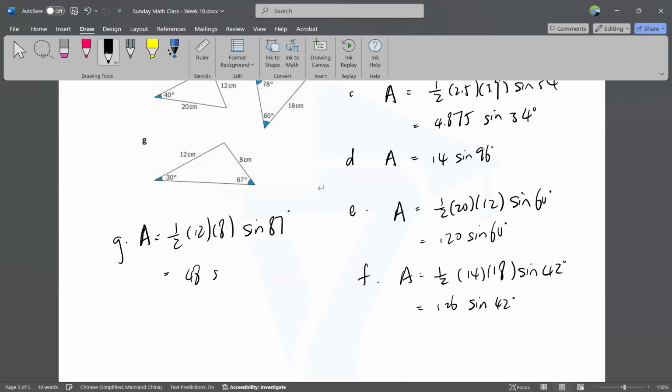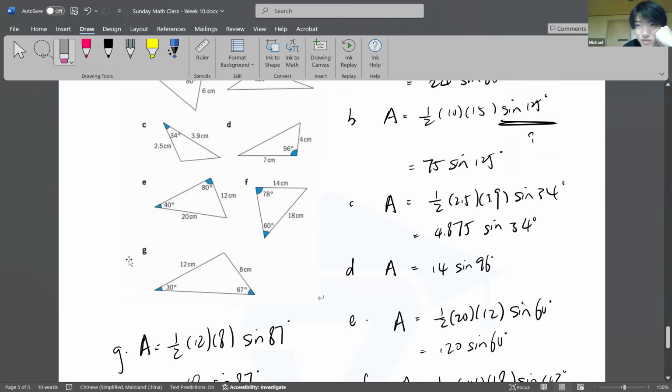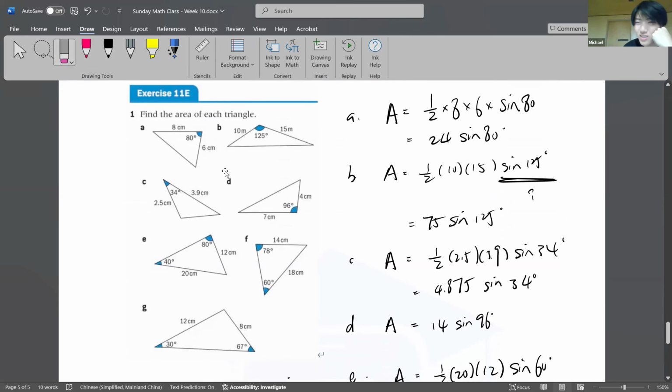Wait, then how would you find out sine 125? Oh, no, you can leave it like this. Only use calculator whenever it's necessary. There's one point you'll know, oh, I need to use calculator for this, or I cannot use calculator for this, this is too tedious, no point practicing this, or this is fine. At some point you will know. But for you guys, I believe using this calculator will definitely help.